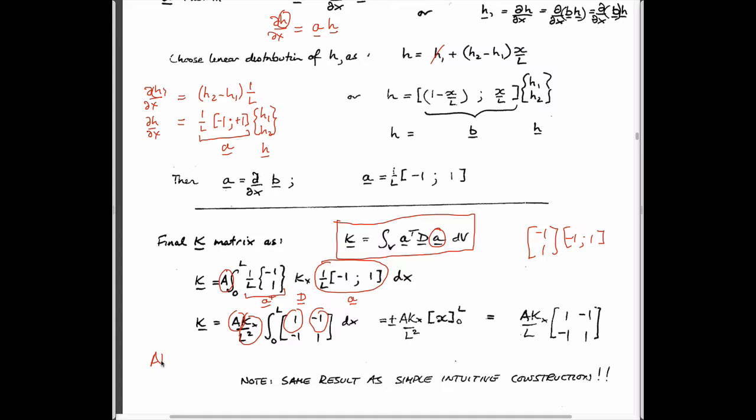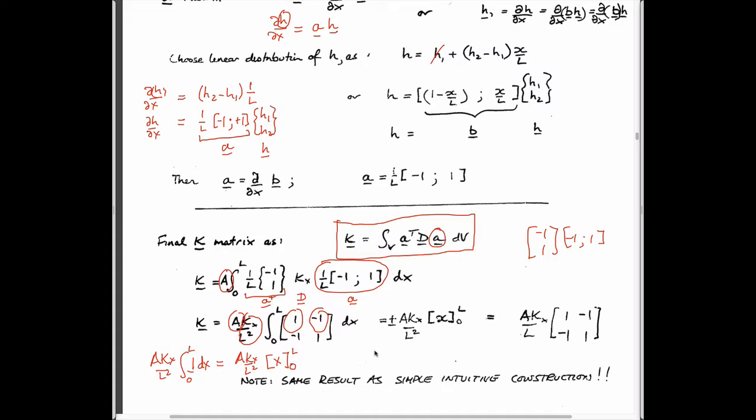So A, getting bogged down in minutiae, I guess, but that's okay, is the integral of 1 dx, which is equal to, between 0 and L, the integral of 1, of course, is just x, right, which is equal to AK x over L squared multiplied by x evaluated between the limits of 0 and L. X between the limits of 0 and L is just L minus 0.